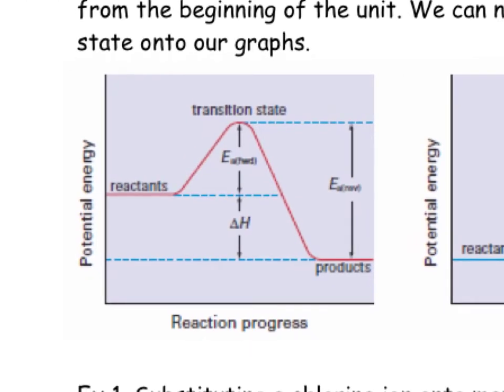Because the reactants have higher energy than the products, this is an exothermic example. The difference between reactants and products is shown on the graph as being our delta H value. All we've done over our previous graphs is just move our products over to the right hand side, and we've put time on the x-axis.